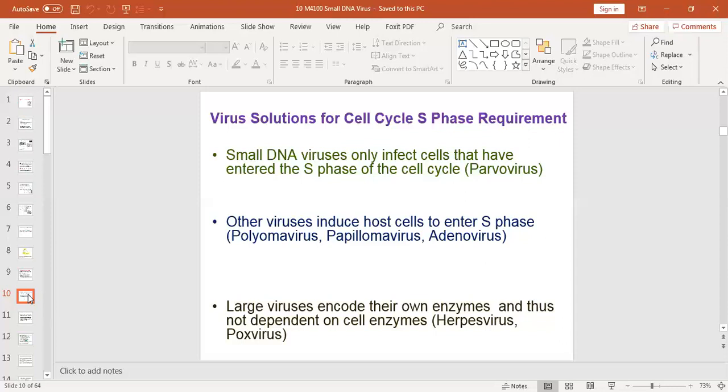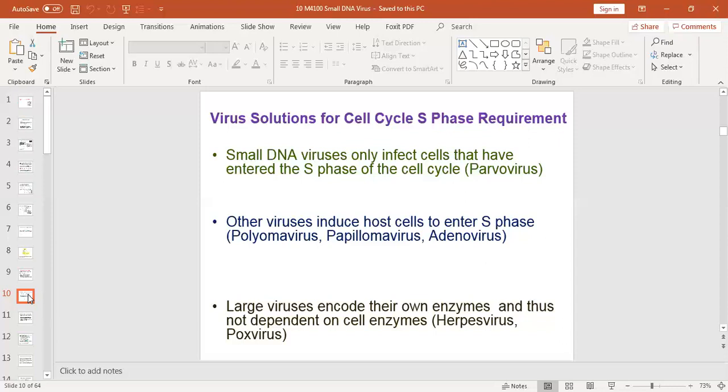When you think about it, not all of the host cells are synchronized to be at the same phase of the cell cycle at any given time. Some cells are at G1, some at S phase, some at M phase, some at G2. So there are different stages. Some of these DNA viruses, such as parvo, only affect those cells that are in S phase.